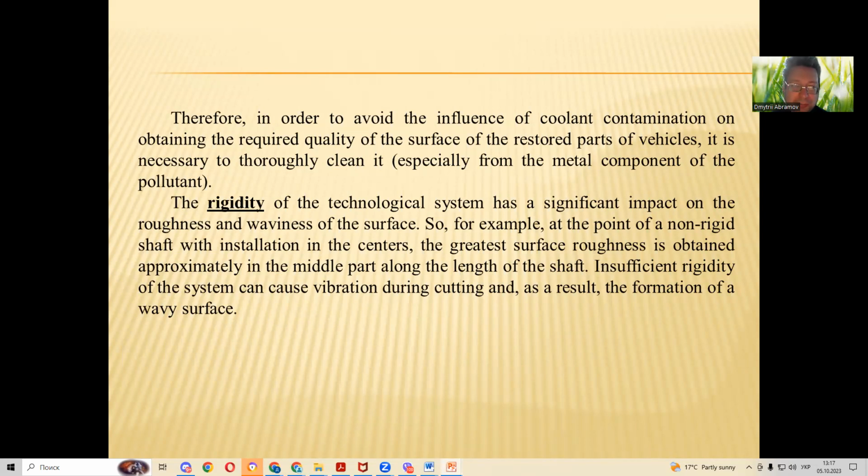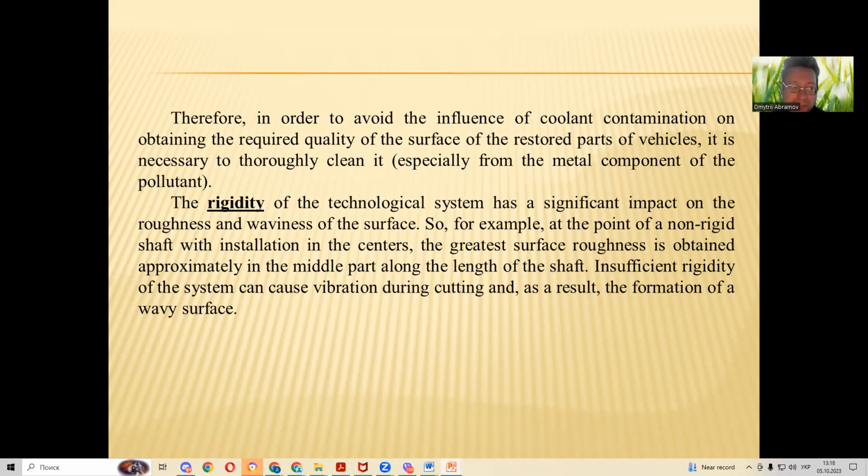The rigidity of the technological system has a significant impact on the roughness and waviness of the surface. So, for example, in the case of a non-rigid shaft installed in the centers, the greatest surface roughness is obtained approximately in the middle part along the length of the shaft.